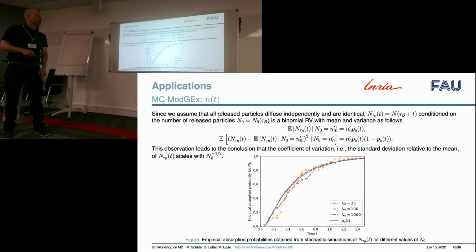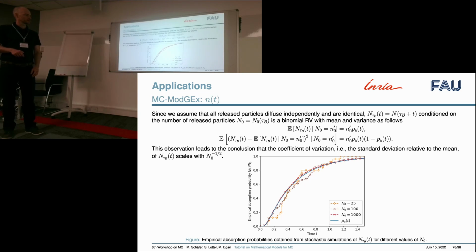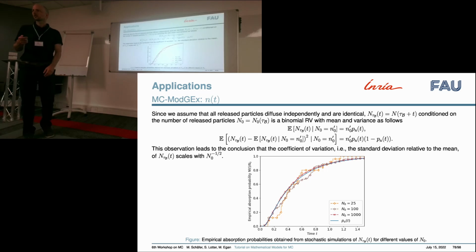And to somehow see how useful this characterization is, we see in this plot here some trajectories of the system for different numbers of released molecules, and we actually get the same picture as MolCom already laid out in the first part of this third part of the tutorial. So if we release few molecules, so say 25 molecules are released by the bacteria cell, then we would observe a signal which is rather noisy compared to what we expect on average, right?